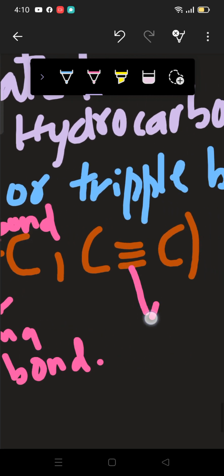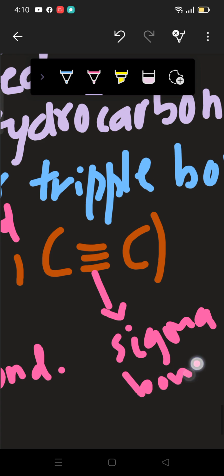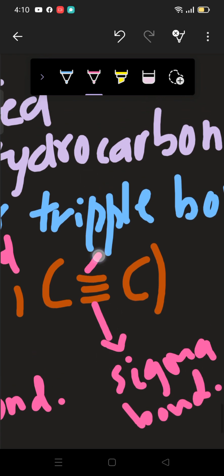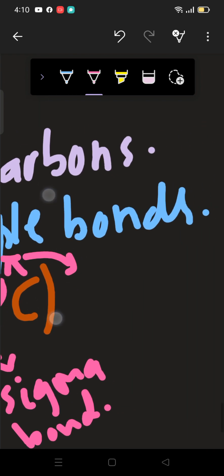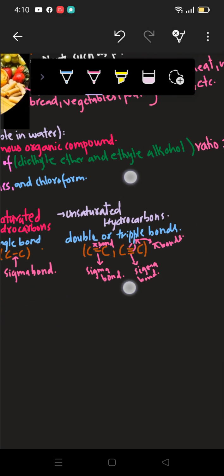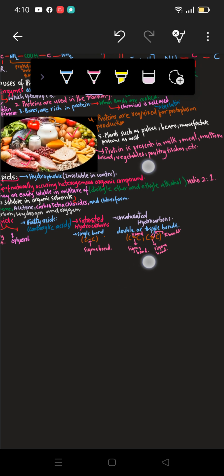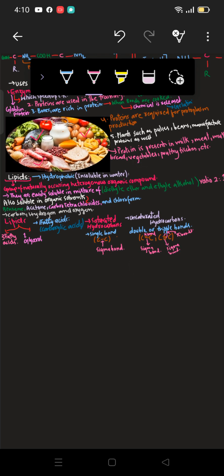Same here, this last one is sigma bond, and these two are the pi bonds. They are very easy to be broken down, so other chemicals or substances would come and react with these unsaturated compounds.